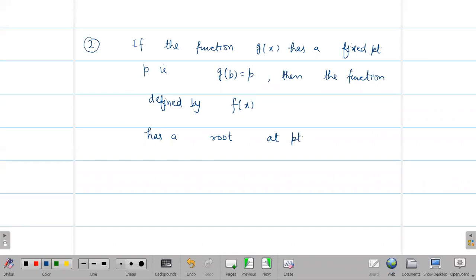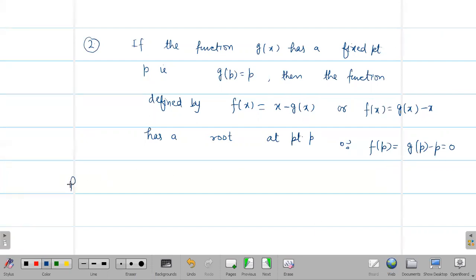Can you find f of x with the help of g of x? Means P is its fixed point, and if I put P here, I should get 0. So you can write x minus g of x. There are only two possible ways, x minus g of x or g of x minus x. Either you write this, because if I put P into this function, I will get 0, because g of P is equal to P only.